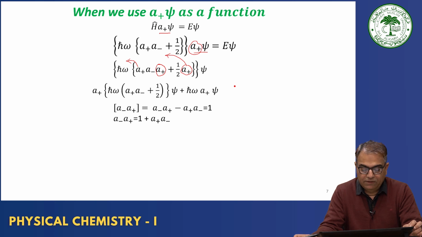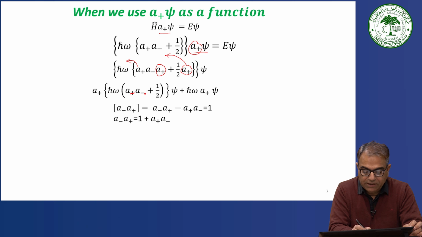It should have been A minus A plus. Because this comes outside, this should have been A minus and this will be A plus. So, what is A minus A plus? If you remember, the commutator we have already determined: A minus A plus minus A plus A minus is equal to 1.